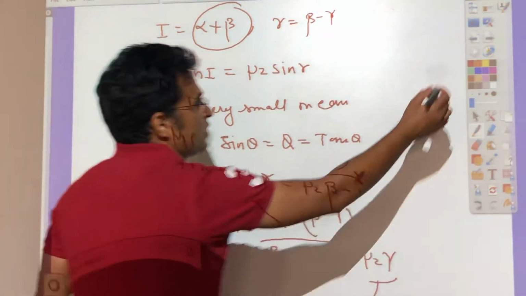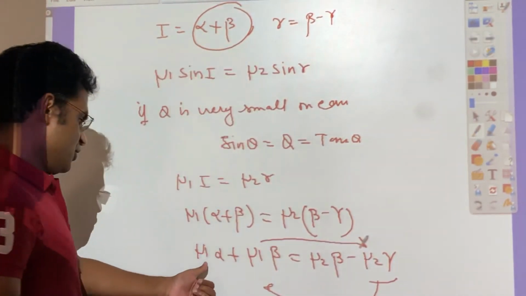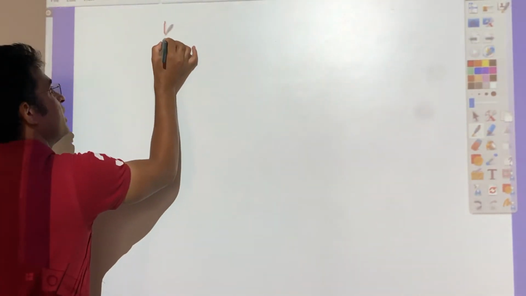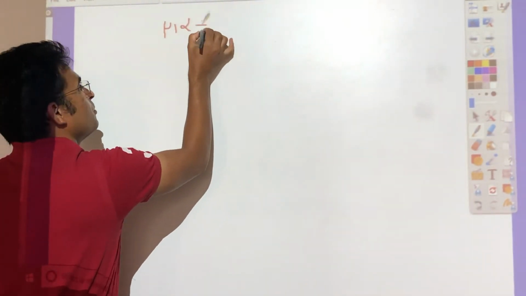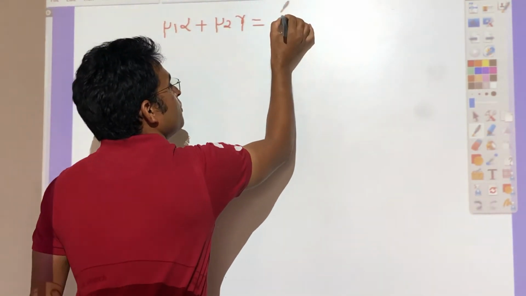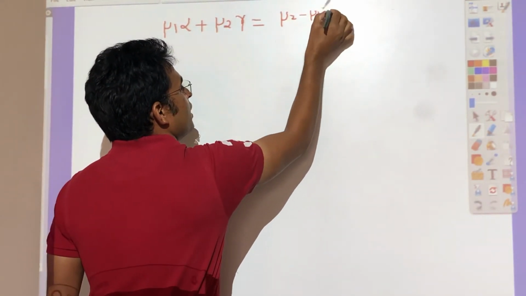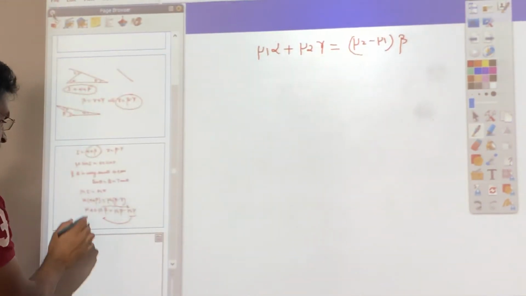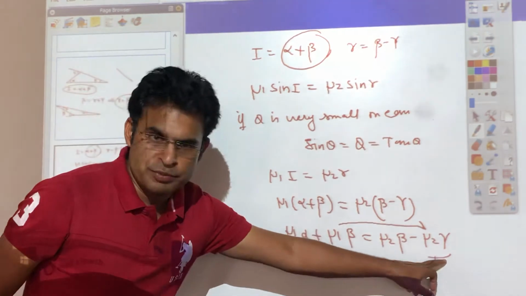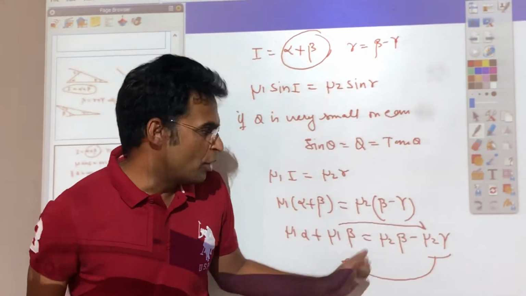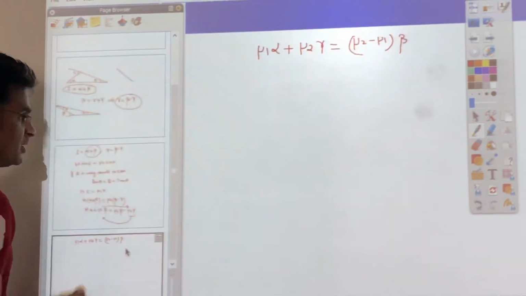I'll get mu1 into alpha plus mu2 into gamma is equal to mu2 minus mu1 into beta. I take mu2 gamma to the left side and mu1 beta to the right side, and take beta common. So if I take beta common, then what I'll get?